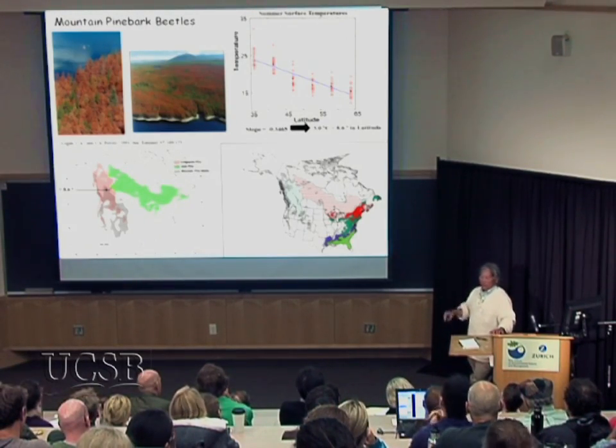So it has a cascading effect, and because it's a long-lived tree species, it's very slow to regenerate. There's a lot of concern about the ecosystem dynamics that will take place with the loss of this keystone species, the whitebark pine.